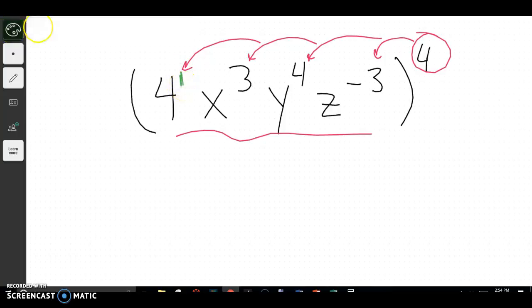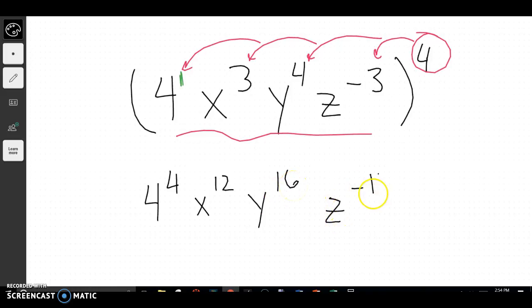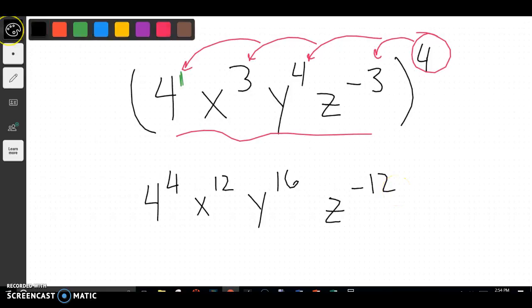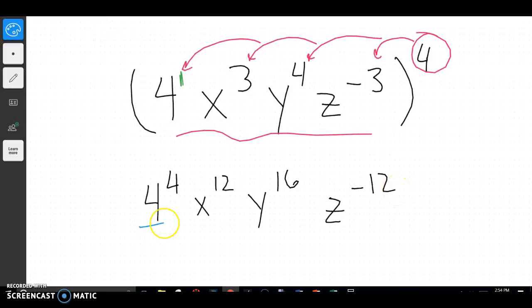Since that thing really didn't have an exponent, it's really to the first power. Anything that doesn't have an exponent is always to the first power. So we're going to take that number and times all of those. So that'd be 4 to the fourth, x to the 12th, y to the 16th, and z to the negative 12th.